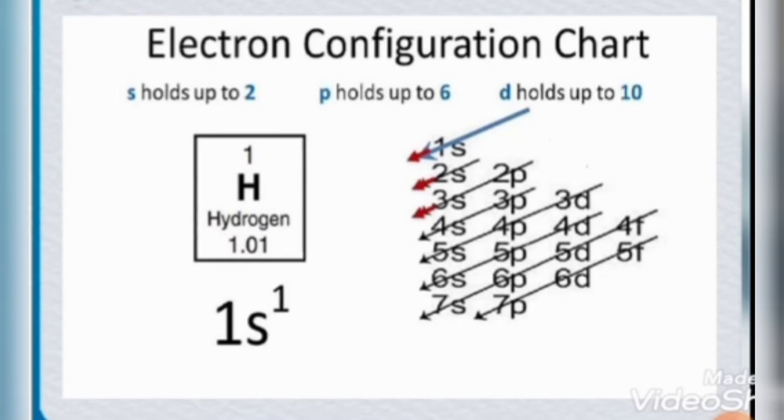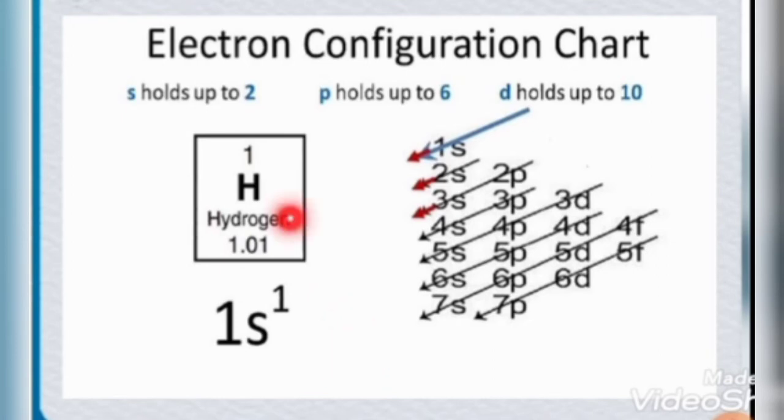Students, this is hydrogen, and the atomic number of hydrogen is 1. So only one electron will occupy the lowest energy subshell, that is 1s. So the electronic configuration of hydrogen is 1s1.